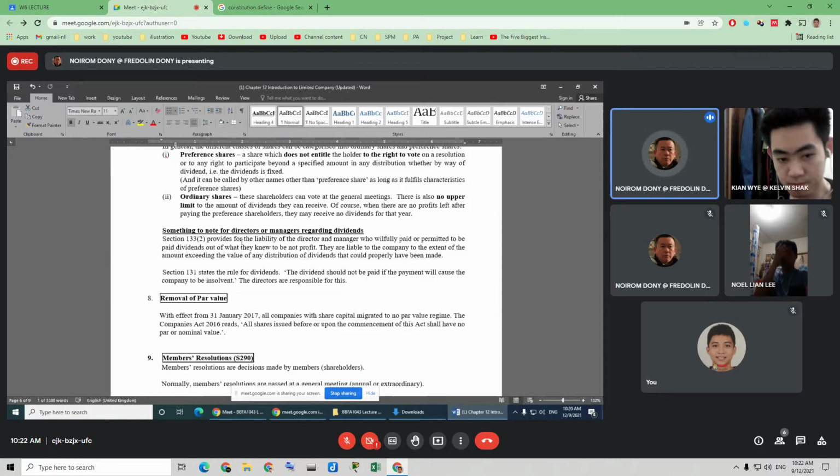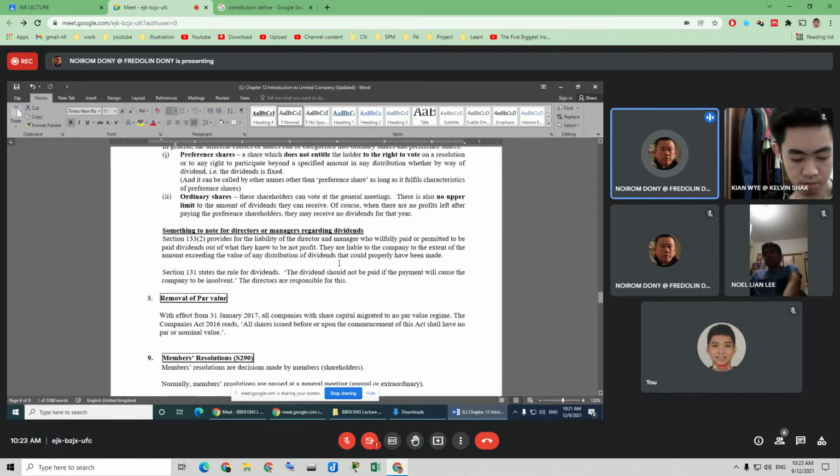Yes, ordinary shares get no dividend if the company is not profiting. But if the company is profiting, ordinary share doesn't have a maximum amount. It depends on the management how much dividend is to be declared to the ordinary share. So normally it will be much higher than preference share.